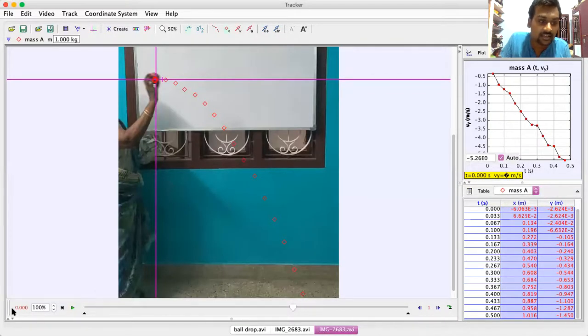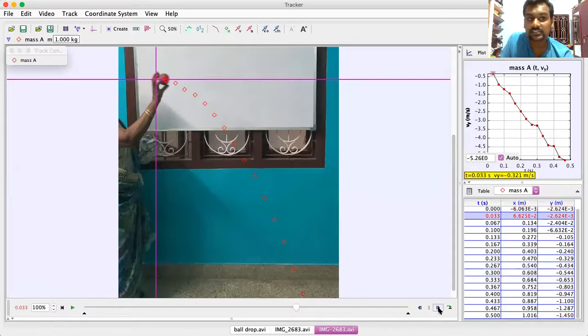If you can see here, the time right now is 0.00 seconds, right? So if I go to the next frame, it's 0.033 seconds. If I go next, you see that. So basically, I know the time interval between two rhombus shapes over here, the time interval between two data points present on this graph.